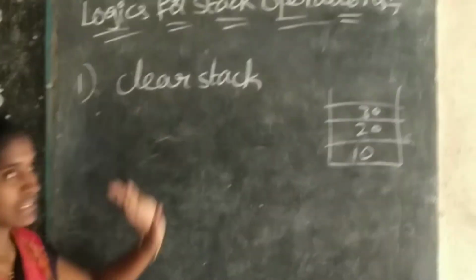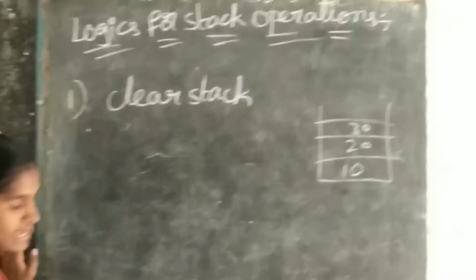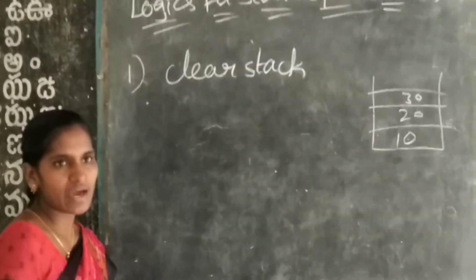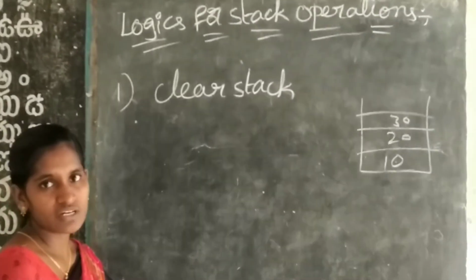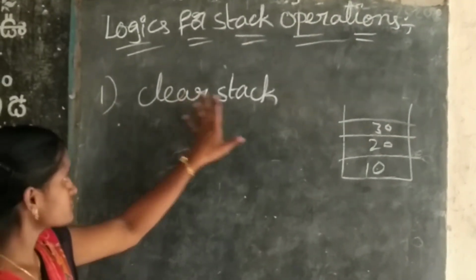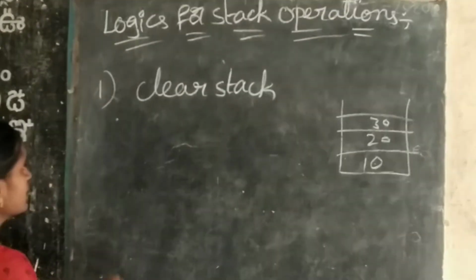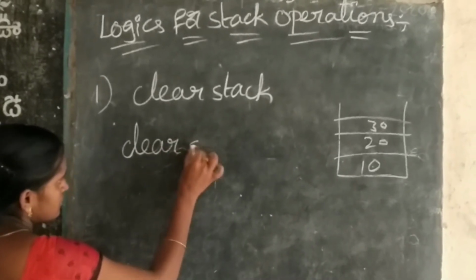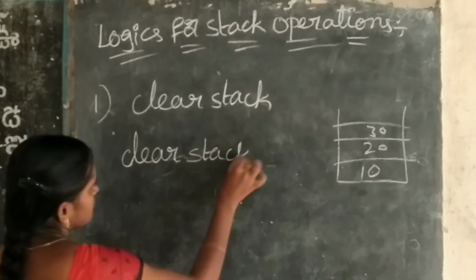That is the clear stack. In this clear stack we have to use some functions. In any program we have the public static void main function. Directly from the main function, for the clear stack, we use a clear stack method.